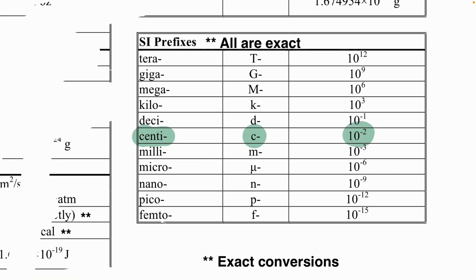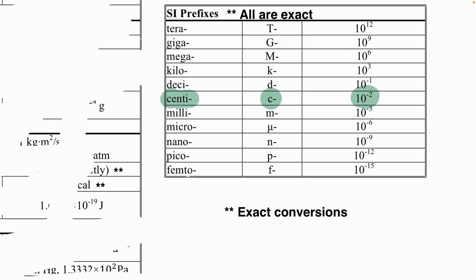Okay? So what is that telling me here? This is telling me that 1 centimeter, for example, is equal to 10 to the negative 2 meters.